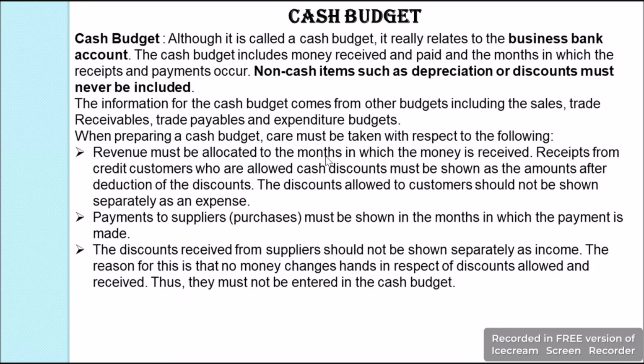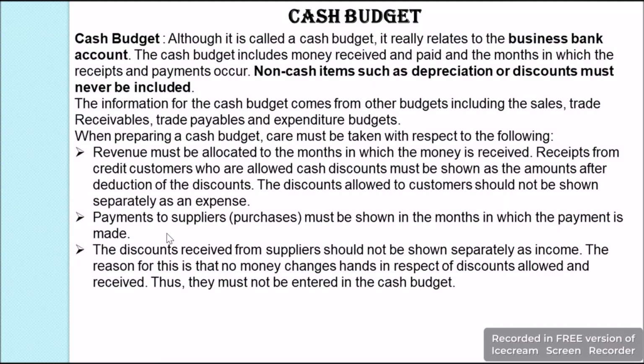We have to take the following things into consideration when we make the cash budget, that is revenue will be allotted to the month in which it is received. We will take the money which we receive from the credit customers as well as the cash sales, and for credit customers we will allot it only during the period when we receive it, after deducting the discount, and discount allowed will not be shown as a separate expense in the cash budget.